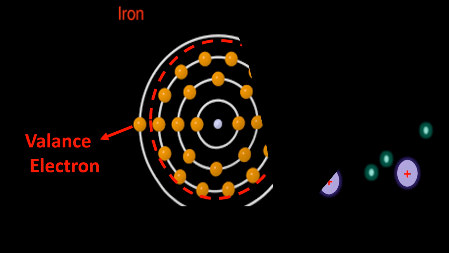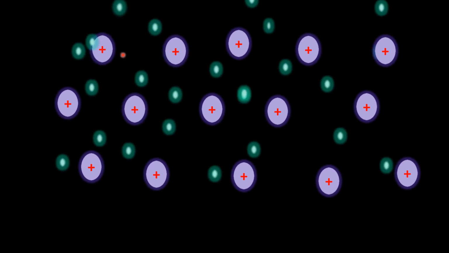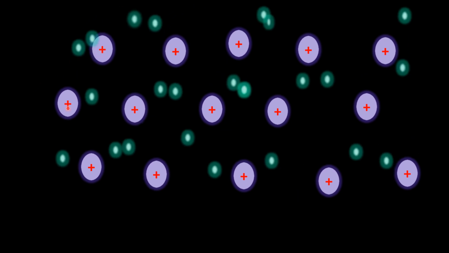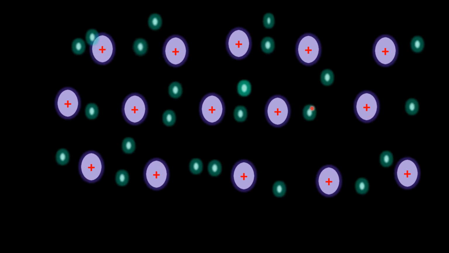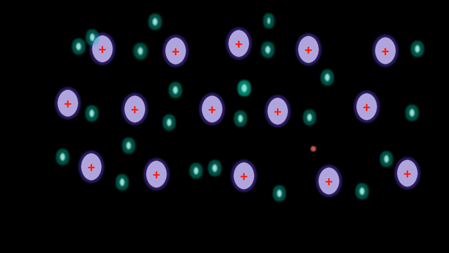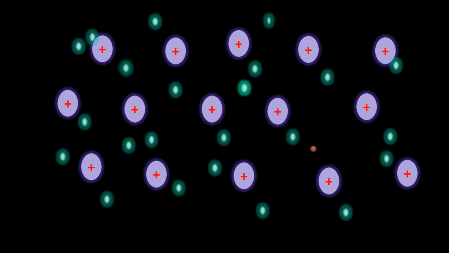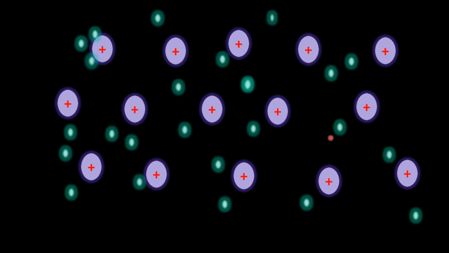So this is the schematic presentation of metallic bonding. These are the positive ion cores and these are the free electrons. Every metallic atom contributes its valence electron to take part in the process of bonding.